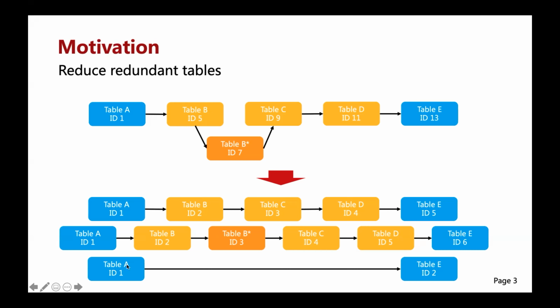For example, if we just need table A and table E, the table IDs will be 1, 2. For this one, there will be 1, 2, 3, 4, 5.